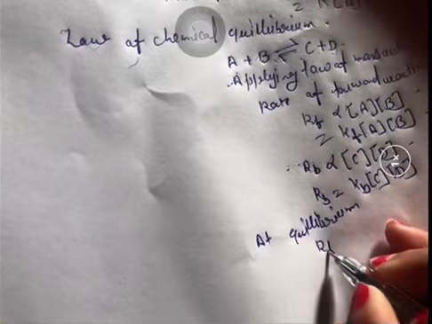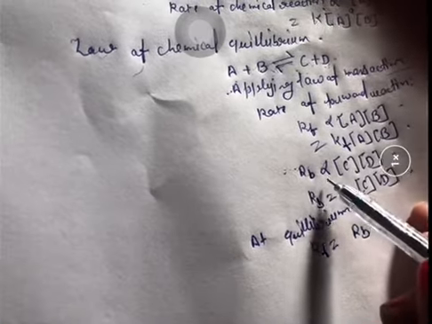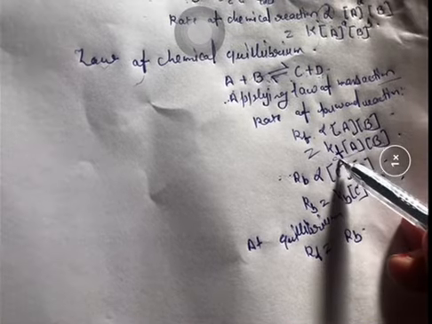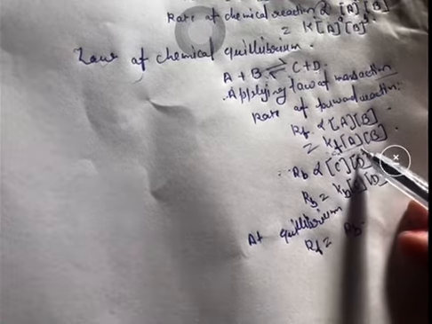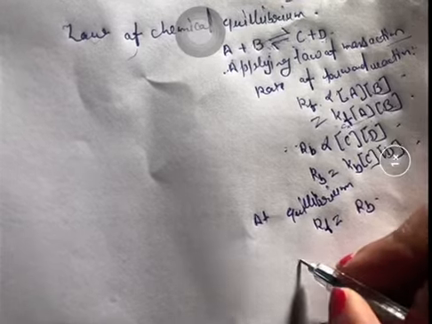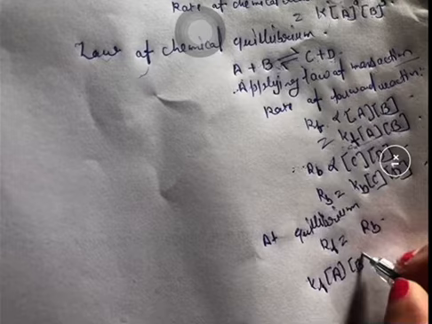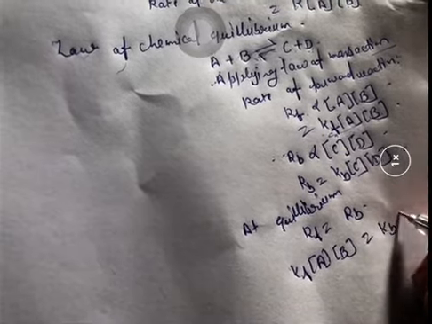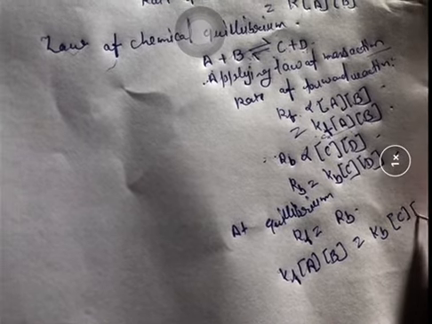As a result, RF, that is Kf, the rate constant of forward reaction, times the product of reactants A and B, I can rewrite it like that: Kf times the molar concentration of A to the power a times the molar concentration of B to the power b equals Kb times the product of molar concentration of products C and D.